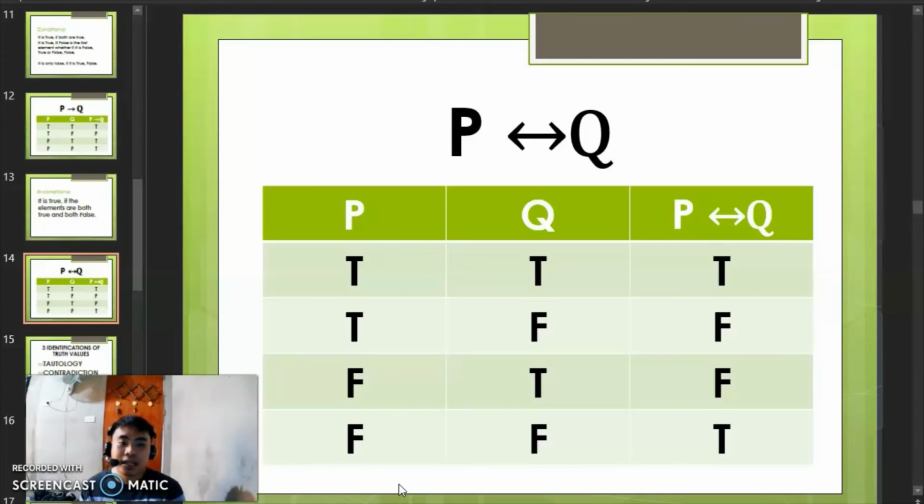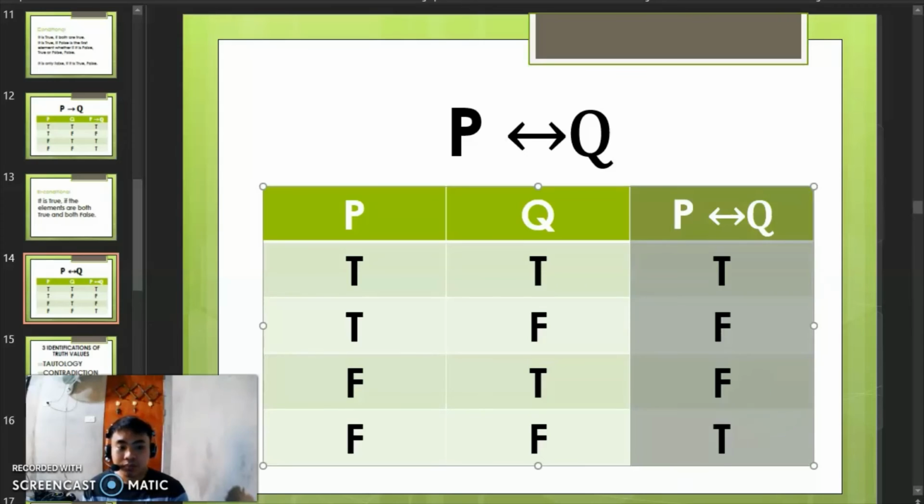Okay, balikan po natin yung given na yung mga sagot natin kanina. Diba sabi ko sa inyo, this last column will serve as your final answer. So, at this point, ang lumabas po ay true, false, false, true. So, at this point, this is a combination of true and false.